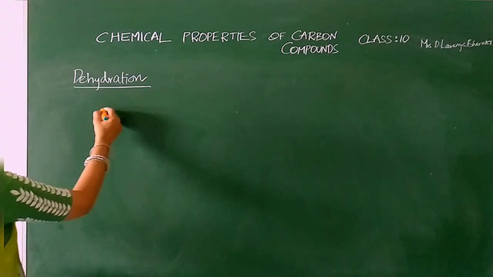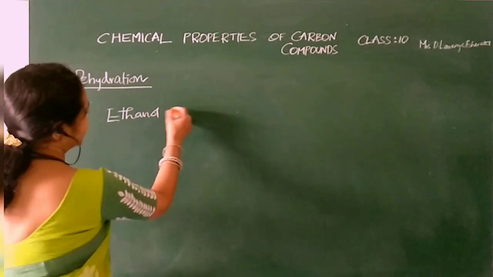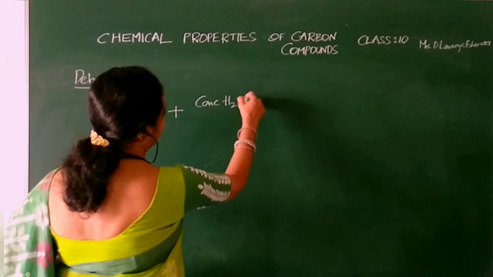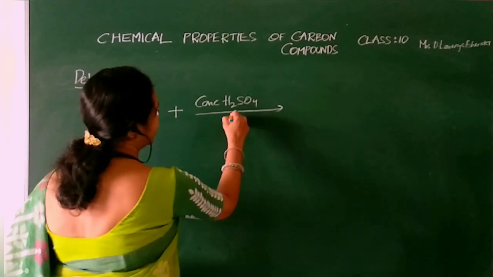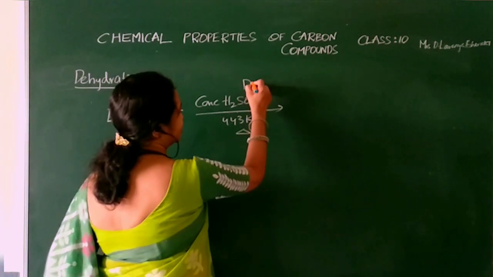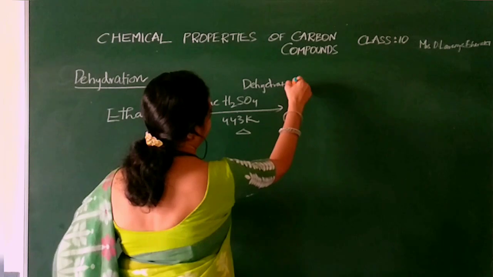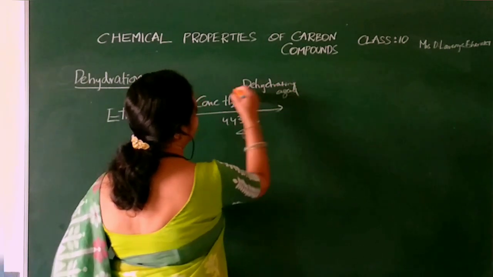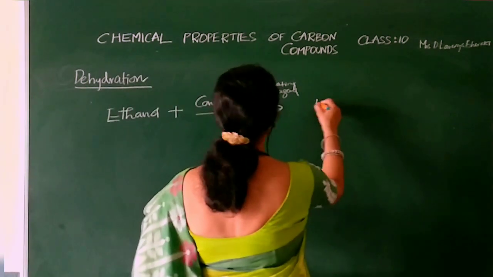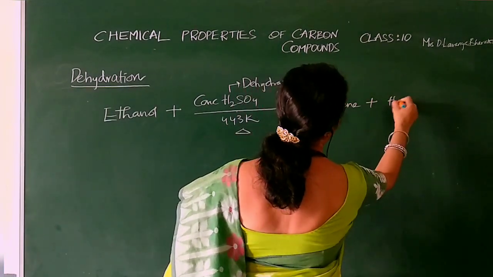Here ethanol. So again I tell you, ethanol, when it is heated with concentrated H2SO4 at 443 Kelvin, remember, we call this a dehydrating agent. Then you will be getting ethene and a water molecule is eliminated.